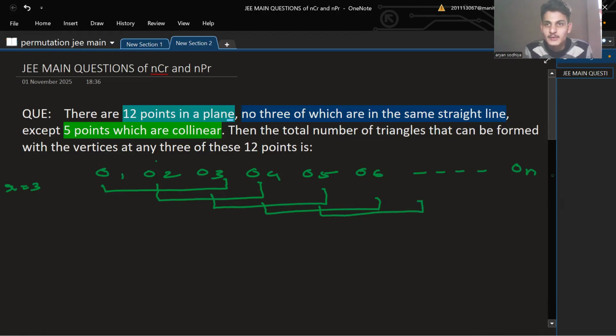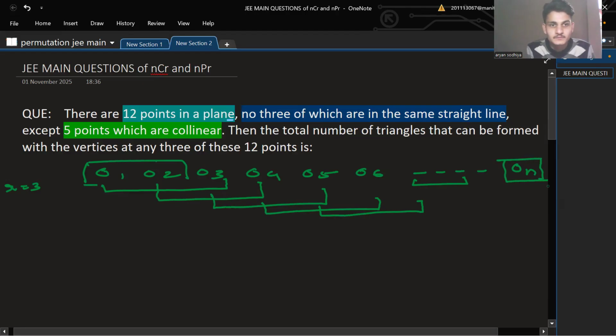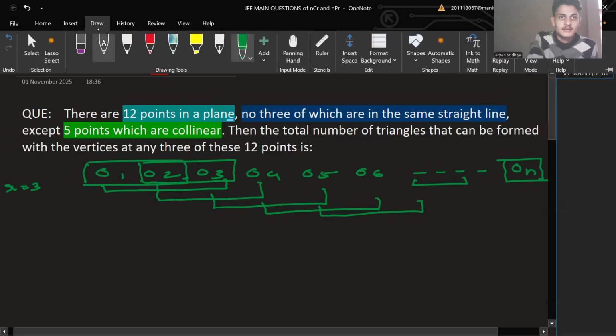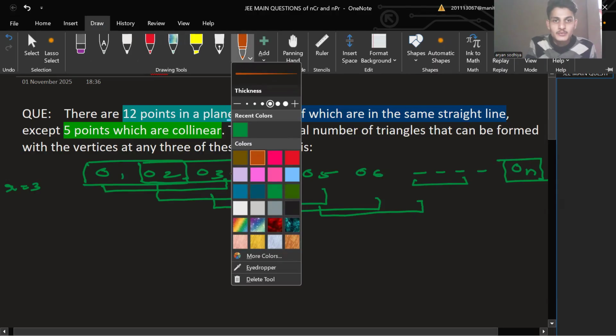And also O1, O2 with ON is possible. I would color them with different colors, then it would be easier for you to understand. There are many groups possible.